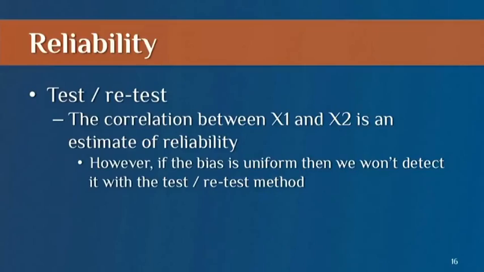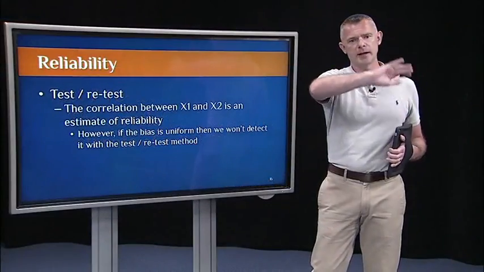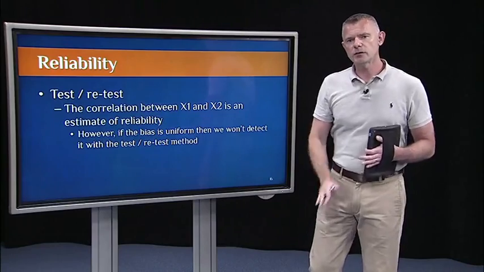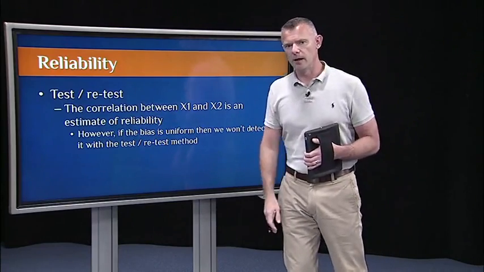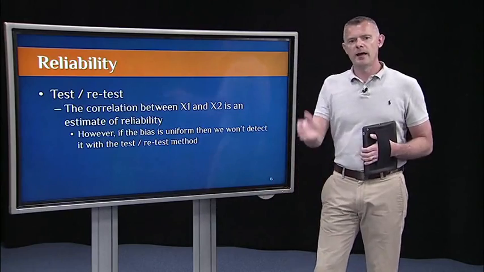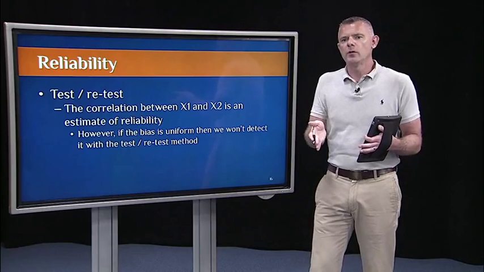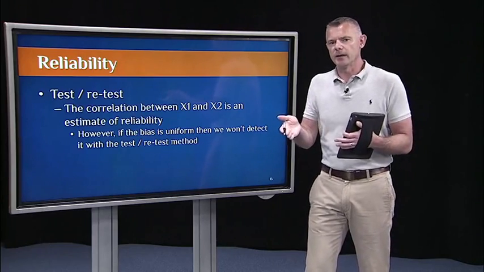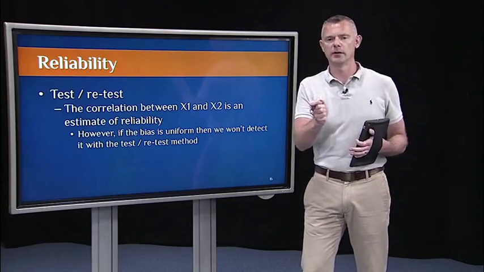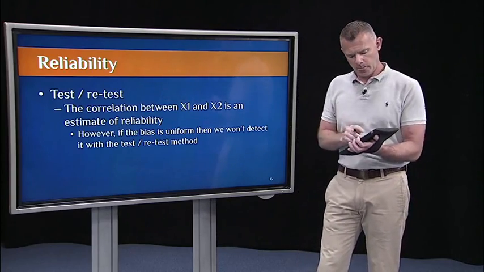So if I used the infrared meter on everybody in a classroom once, and did it on everybody in the classroom again a couple hours later, and the correlation was really high, if I only looked at the correlation, it wouldn't tell me about the bias. I would have to look at the histogram, I would have to look at the mean of the sample.